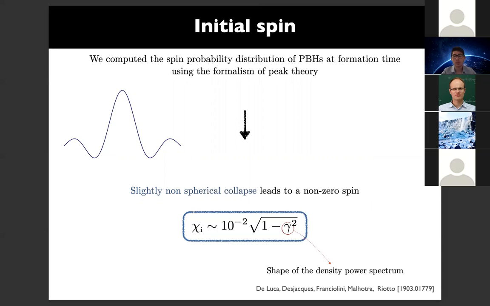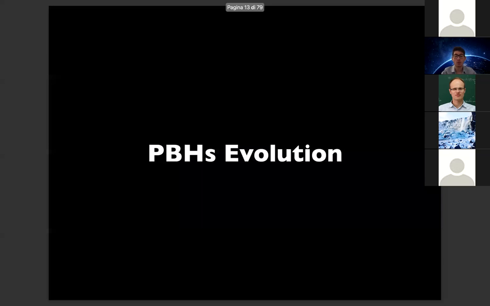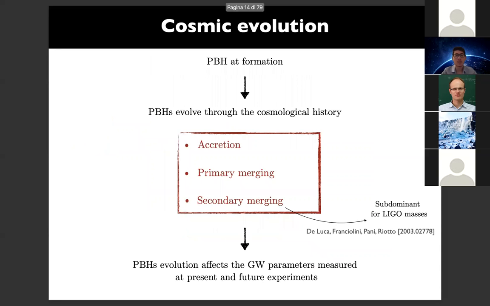But of course, primordial black holes do evolve during their cosmological history. And there are several phenomena which may affect their evolution. Those are primordial black hole accretion, which I will describe in a moment, and also possible mergings. I will denote as primary mergings those that happen very close to us, those that we see at the present gravitational wave experiments.